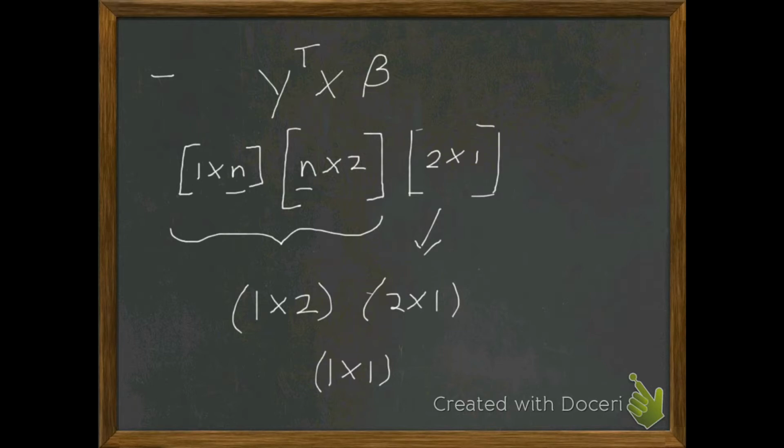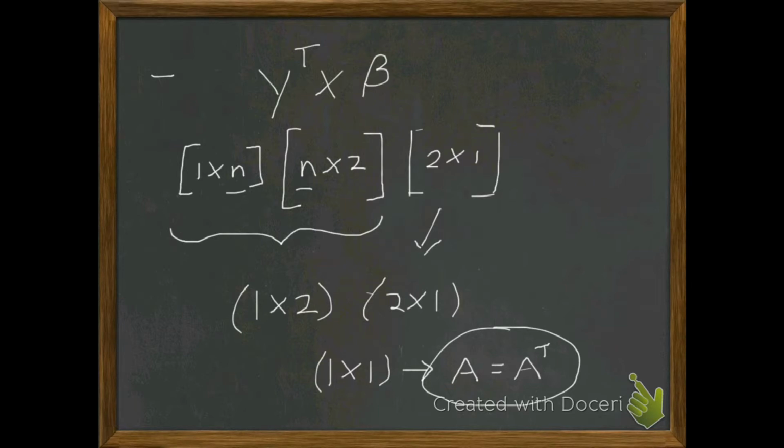Now there's a rule, and I'm not going to write this down, that says if we have a 1 by 1 matrix, let's just let it be some generic A, then the matrix A will be equal to its transpose.